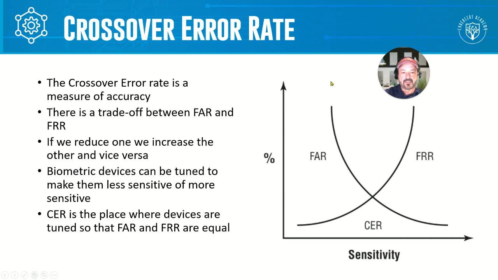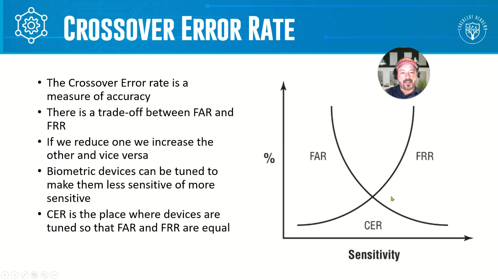This is a graph that shows how the false acceptance and false rejections work. It's managed by managing the sensitivity of the biometric reader, right? If you set the biometric reader to be more sensitive, you are going to increase the number of false rejections and decrease the number of false acceptances.